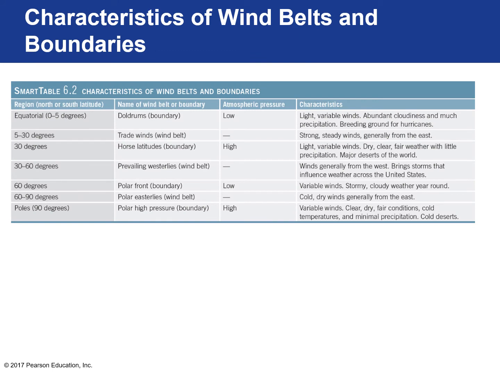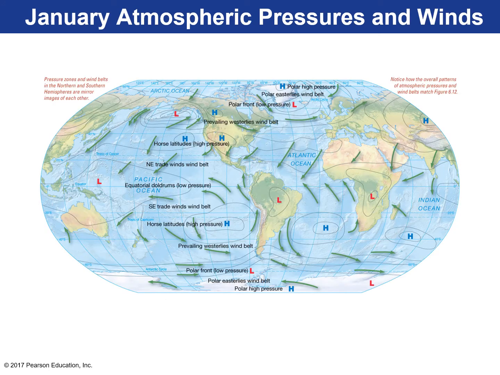Okay, so here are all the different regions, latitudes on Earth, with the name of the predominant wind belt or boundary, the atmospheric pressure, and their characteristics. So this is good review before a quiz, knowing the predominant winds in each latitude. And this is real data collected in January showing the different high pressure systems along with the prevailing winds.